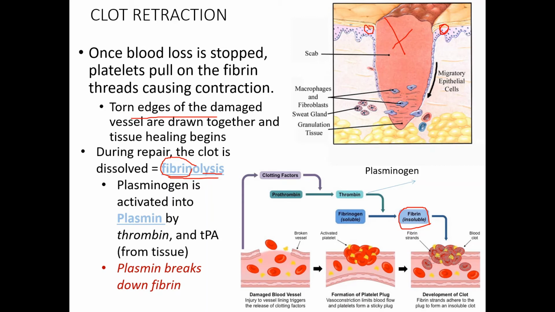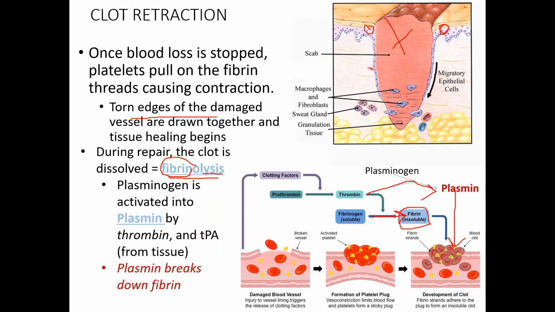Plasminogen is activated into the active protein called plasmin by thrombin, right? So thrombin isn't just making the clot, making fibrin, it is also facilitating the breakdown process as well. So plasmin's job is to go in here and start cutting apart this fibrin and breaking down that clot, right?